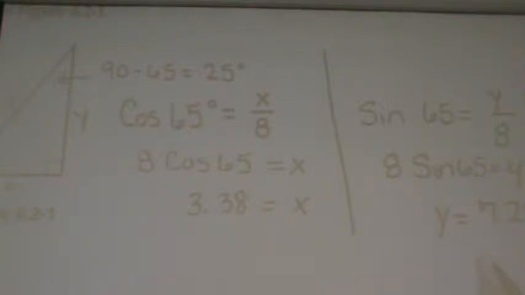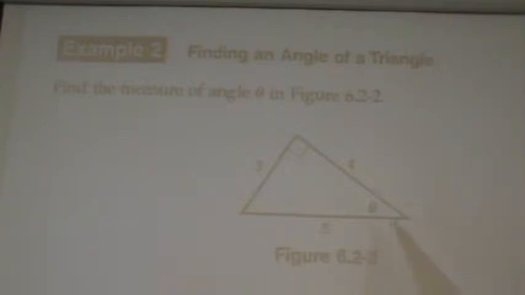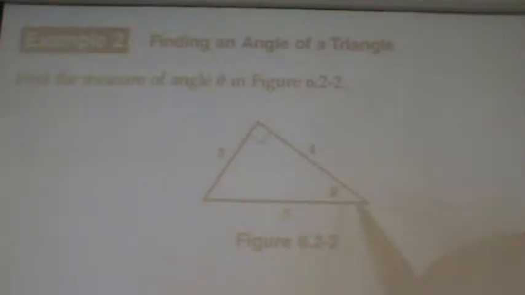Questions? Okay, now, how do you find an angle if you know all three sides? Well, in this triangle, they want you to find this angle right here. You have options. You can use sine, cosine, or tangent. Which trig ratio do you like? Sine. Okay.